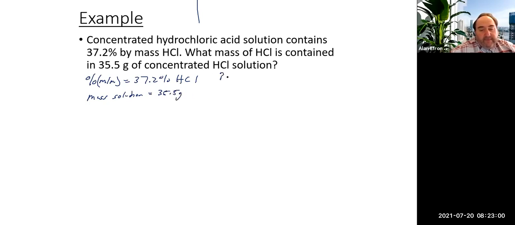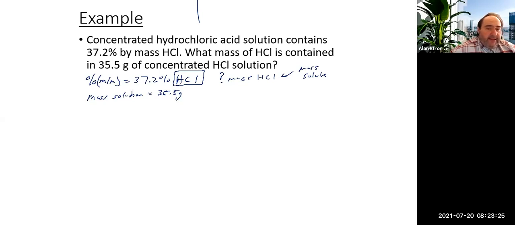And we're looking for the mass of the HCl. So we're really looking for the mass of the solute, right? And HCl here is the solute, as we talked about a number of times. When we talk about the concentration of a solution, really the name of the solution is the solute. So we do know that's what we're looking for.